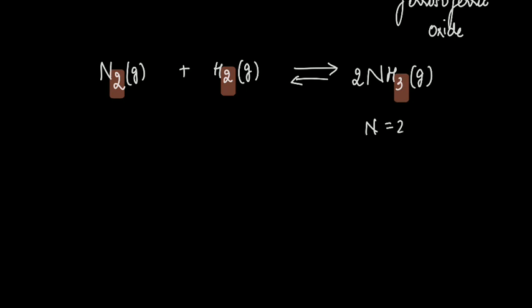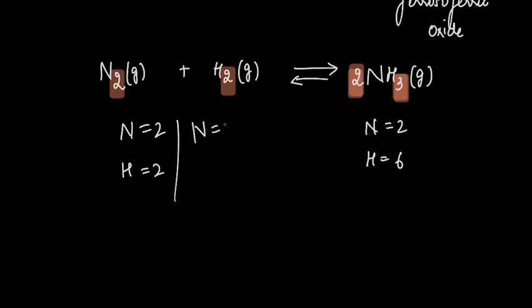We have 2 atoms of nitrogen, and hydrogen on the right hand side will become 3 into 2, which is 6 atoms of hydrogen. Now on the left hand side, there's no problem with the nitrogen, it's perfectly balanced. But hydrogen we had 2. Now how to make hydrogen 6? With a suitable number. 3 into 2 is 6, so if I write 3 over here, it will be 6.